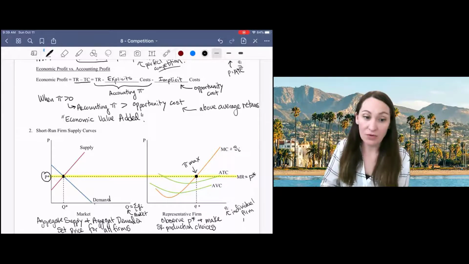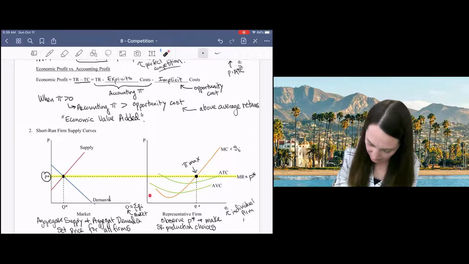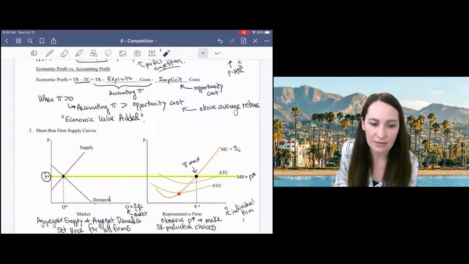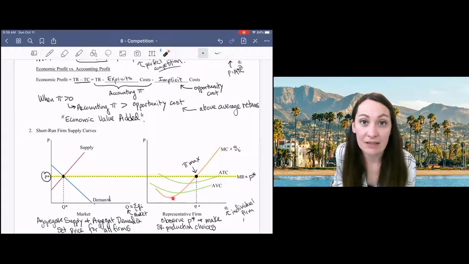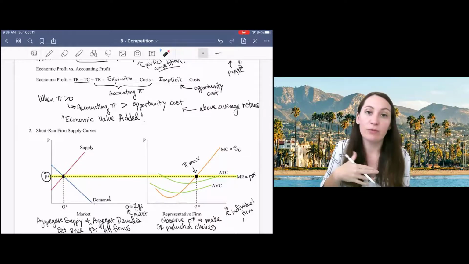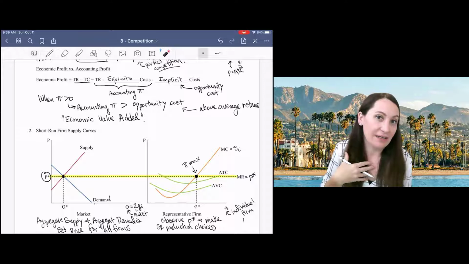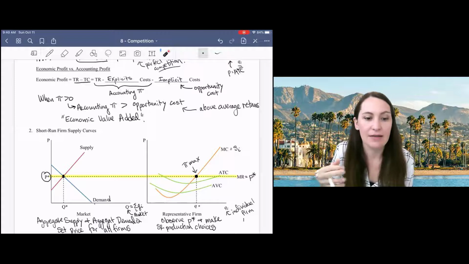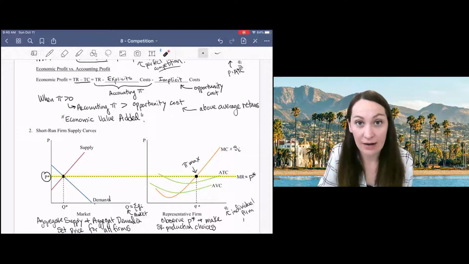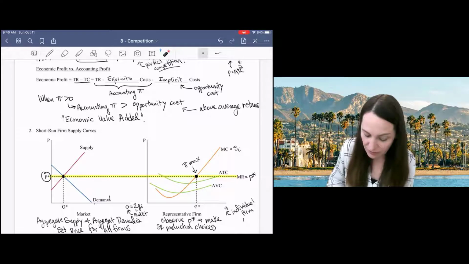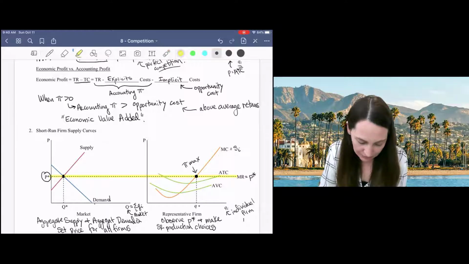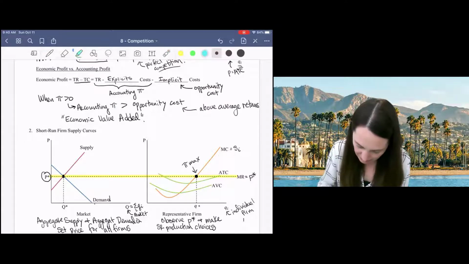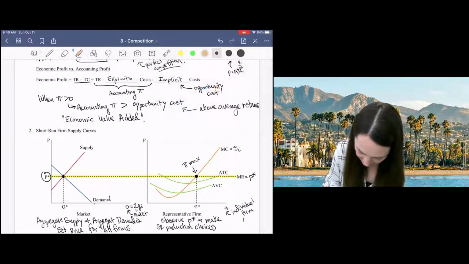So you may remember from intro that if the price is lower than your variable cost, right down here below your average variable cost curve, the firm's going to be losing money even in the short run. And so the firm will just shut down. They will say, I'm not going to open on Tuesday. I'm going to close at 6 p.m. because after that, demand is so low that I'm not earning enough to pay my operating costs, my variable costs, and the firm would choose to shut down. So the supply curve, if we were to look at the firm supply curve, let's just highlight this in orange here.